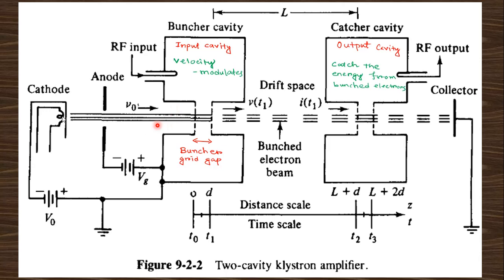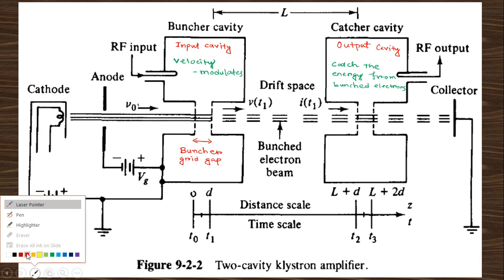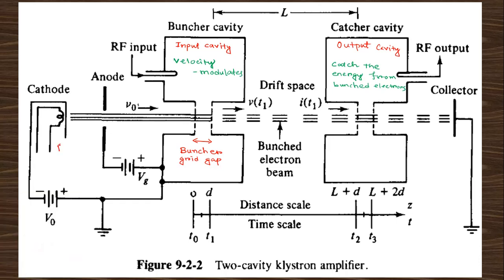This is a cathode and this is an electron gun. Here the electrons come out from this heater and are focused using this anode, because the electrons repel each other.